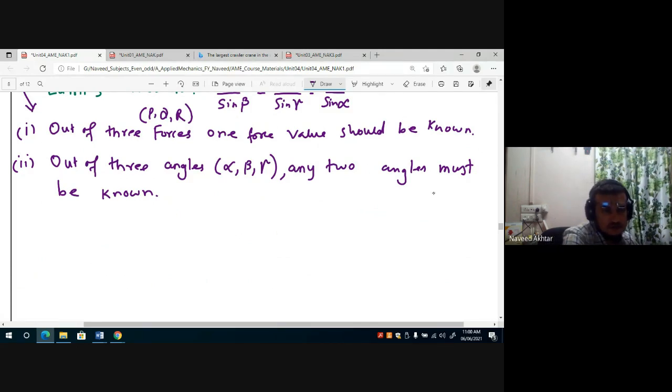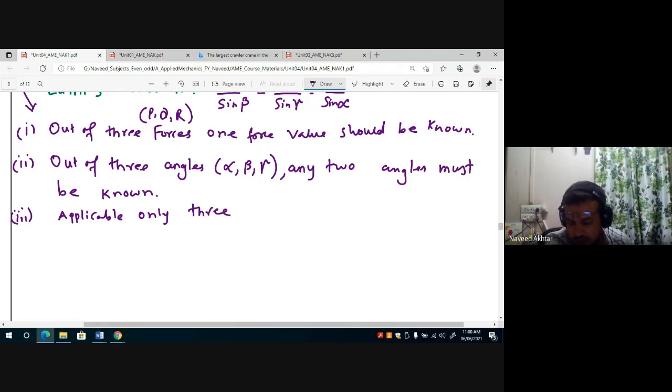And third one, Lami's theorem is applicable only to three coplanar concurrent force system.